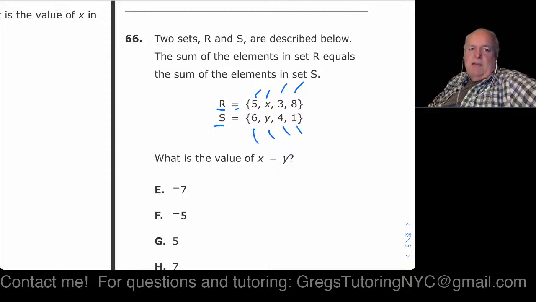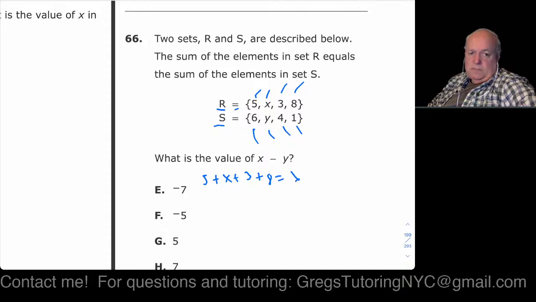So it says the sum of the elements in set R equals the sum of the elements in set S. So we should actually do that. So 5 plus X plus 3 plus 8 equals 6 plus Y plus 4 plus 1. All right. And then it wants X minus Y. All right, okay, so I can put all these numbers on the same sides.